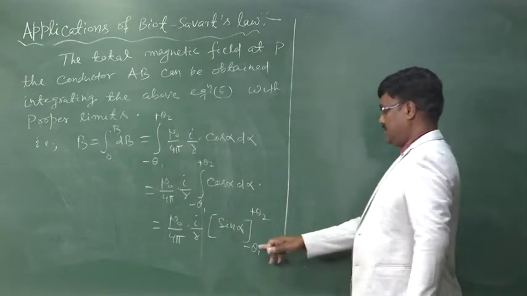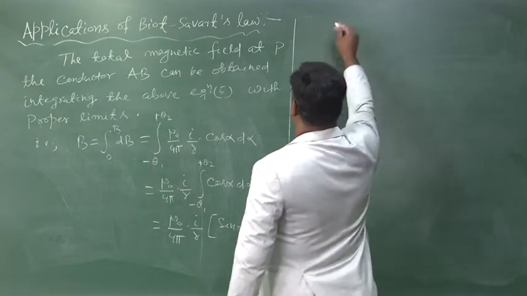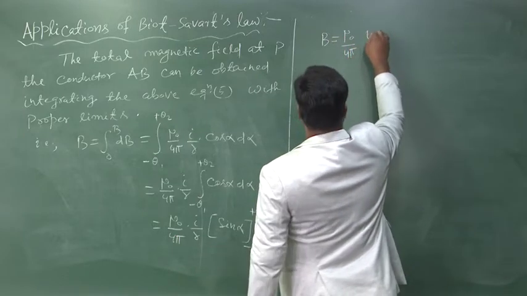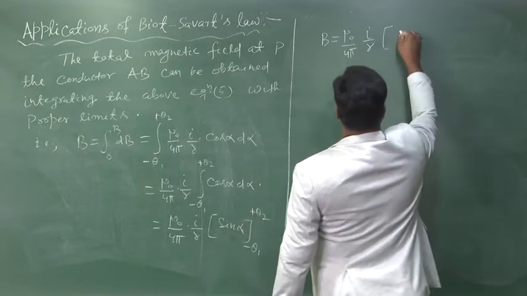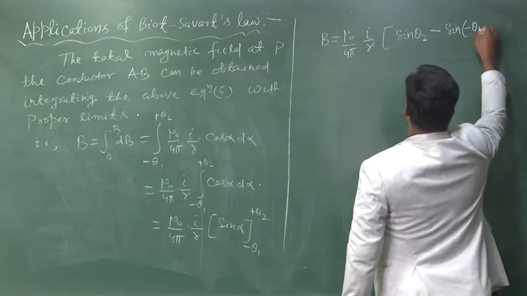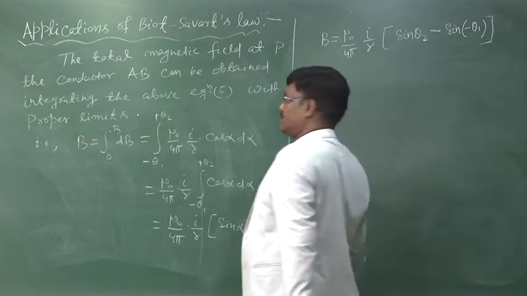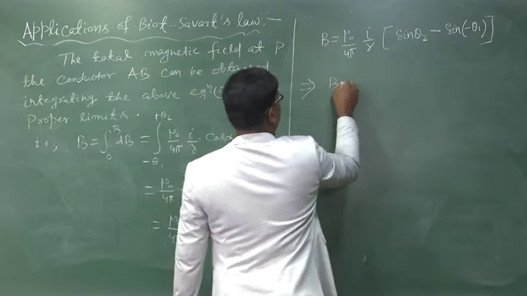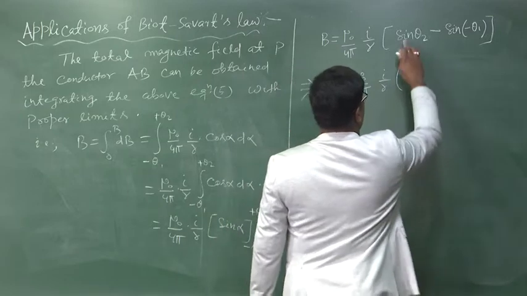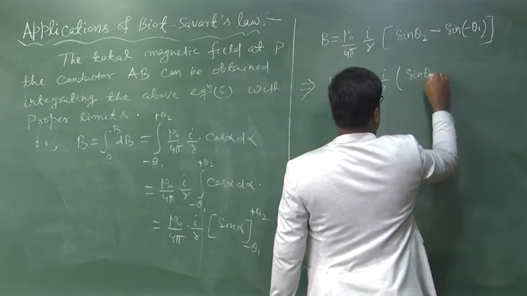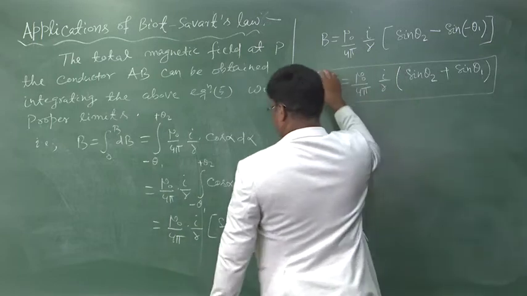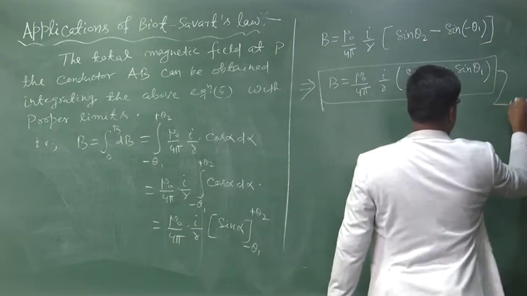By putting the values of the initial and final limits, we can write B equal to μ0 by 4π I by r, sin θ2 minus sin of minus θ1, which can be further reduced to B equal to μ0 by 4π I by r within bracket sin θ2 plus sin θ1. This is equation 6.